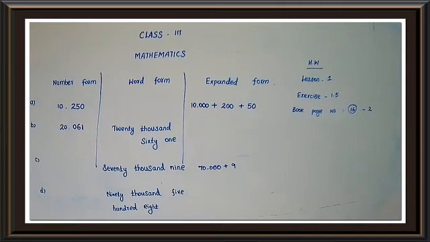The place value of 6 in 56,802. See the A question. Now we have to find the place value of the given number 6. So you should write ones, tens, hundreds, thousands and ten thousands. 6 is in which place? Thousands place. So we have to write 6,000. Yes? Where is 6,000?